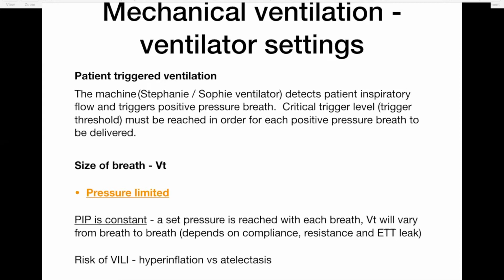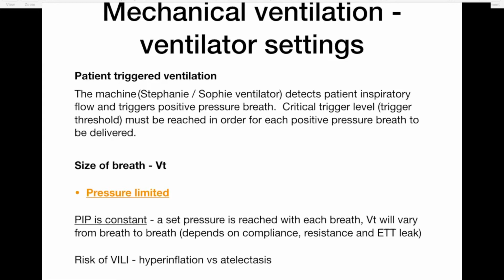So now our main topic comes here, pressure limited ventilation and volume targeted or volume guaranteed ventilation. When we talk about pressure limited ventilation, our PIP, our peak inspiratory pressure, is going to be constant.